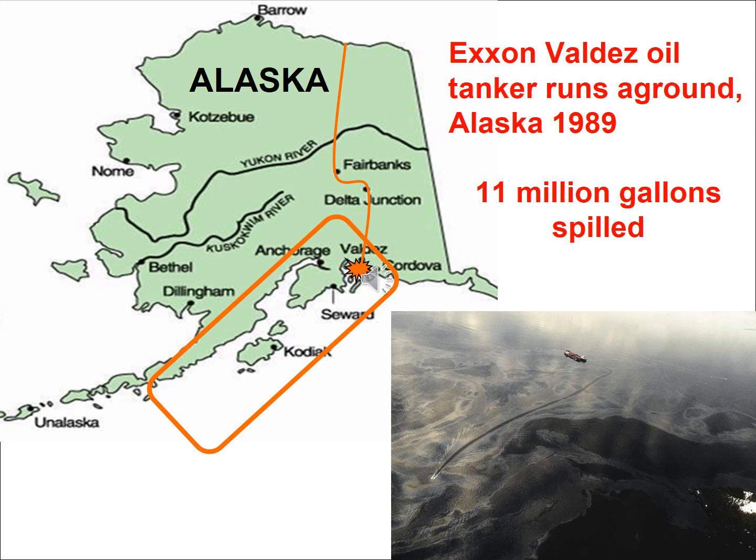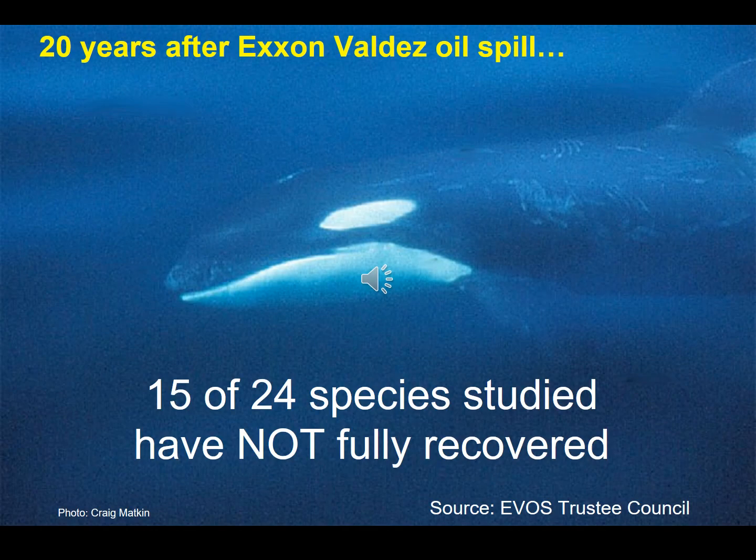So this is an area so polluted that it is still seeing the effects of it and has not completely recovered. In one study, 20 years after the Valdez oil spill, it was found that 15 of the 24 species studied had not fully recovered.